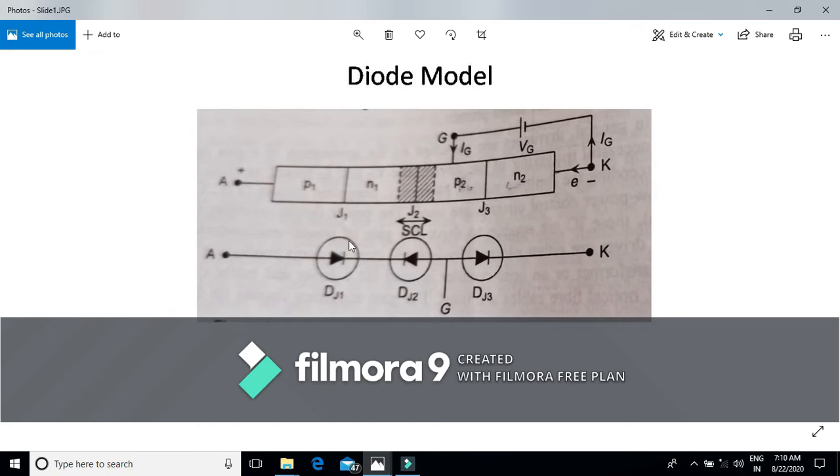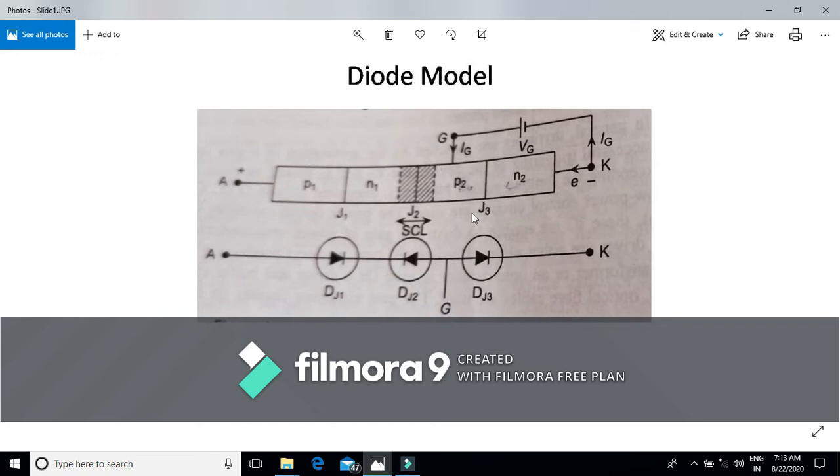This junction J1 is represented by a diode. This will be the diode representing the forward junction J3, and this junction J2, which is reverse biased, is represented by this diode, just like this. And this here represents the gate terminal.